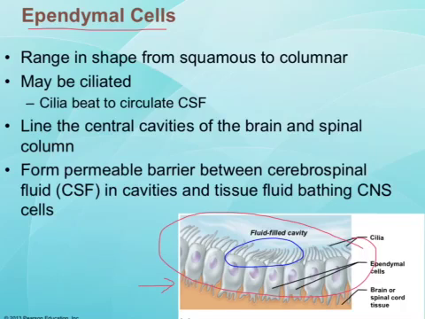Normally here, that is the CSF, the cerebrospinal fluid, which bathes the whole brain and the whole spinal cord. So those are lined up, separating the fluid from the brain and spinal cord, by the ependymal cells. Those cells line the cavity just like skin lines things, but here it is nervous tissue.